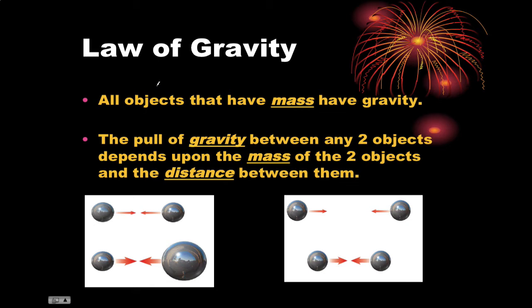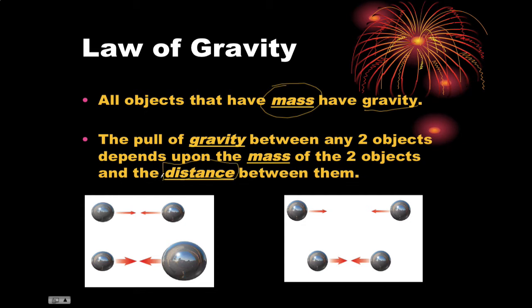Now here's the thing, anything and everything that has mass is also going to have gravity, and we talked a lot about this when we were talking about stars and things like that, right? The more massive a star is, the more gravity it's going to have. All right. Now, besides the mass of an object, another thing that's going to be really important when we're talking about the force of gravity is the distance between those two objects.